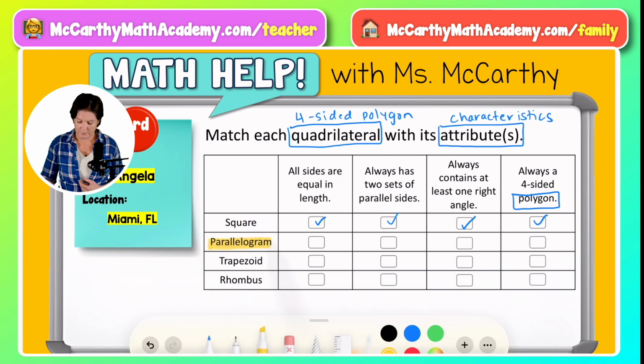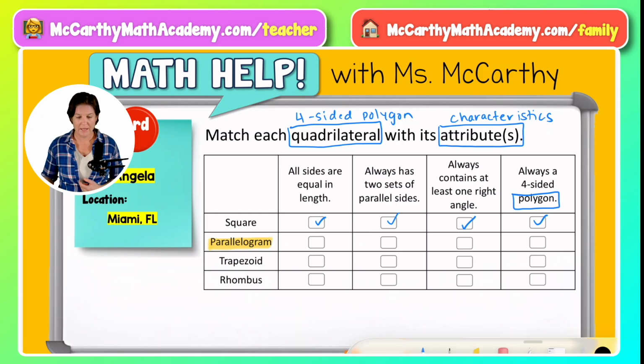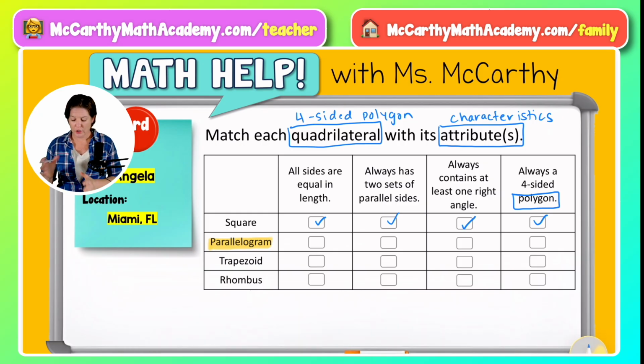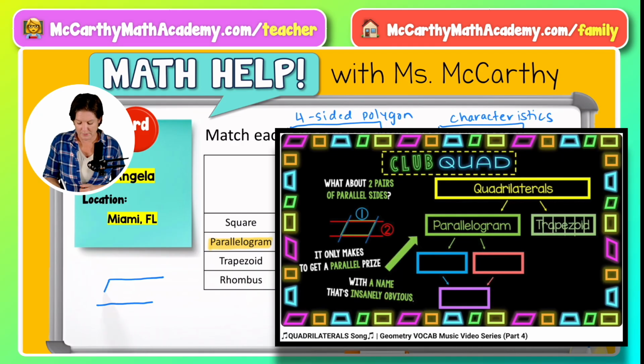Let's move on to a parallelogram. I'm going to draw what a typical parallelogram looks like, but it could look a little bit different. A parallelogram has the word parallel in it, and that means it must have 2 pairs of parallel sides.